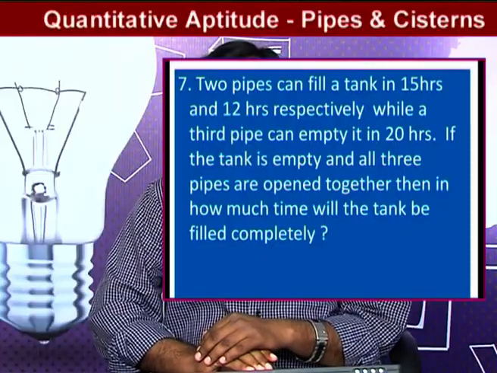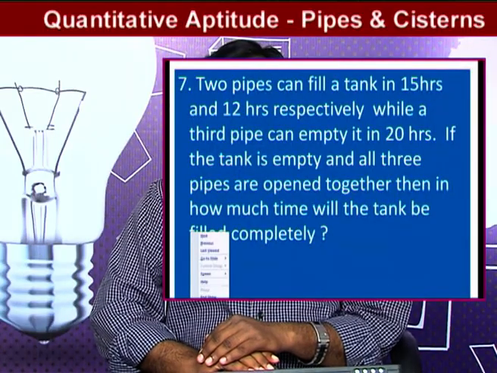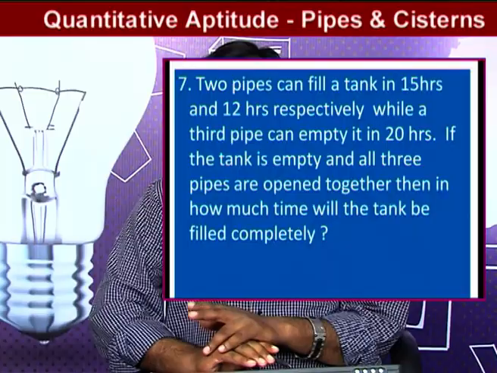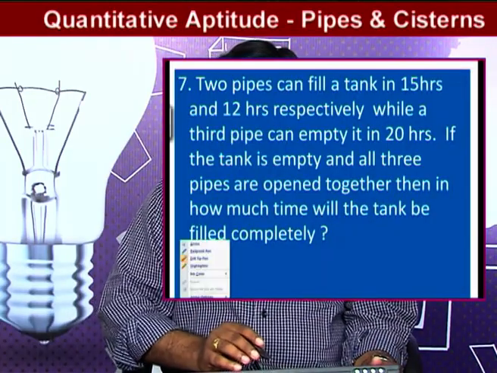If you observe the difference between the 6th and 7th question, in the 6th question all the 3 pipes are filling the tank, whereas in the 7th question, 2 pipes are filling the tank and the 3rd pipe is emptying the tank, given in terms of hours. Okay, so now we'll solve this question.